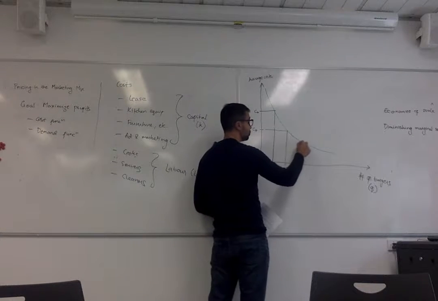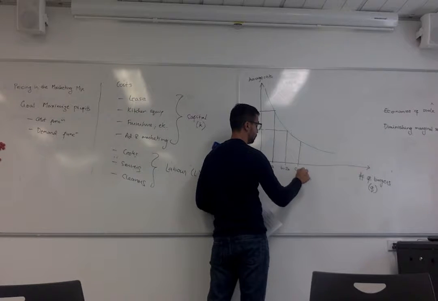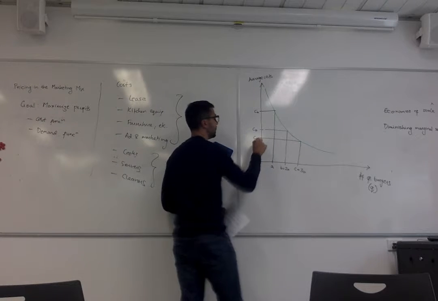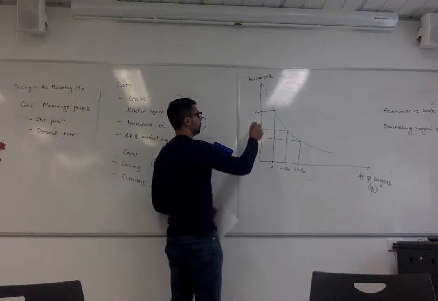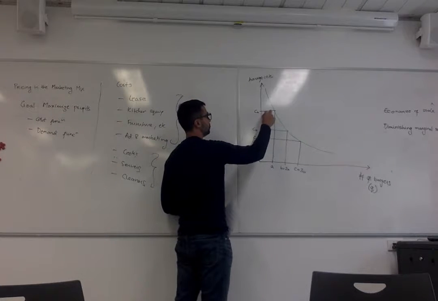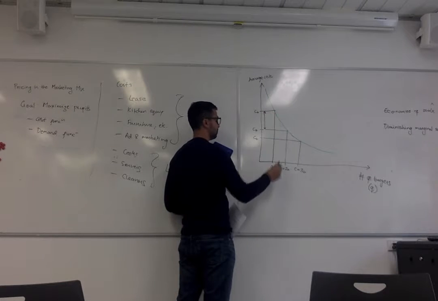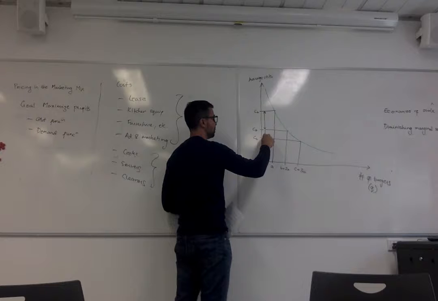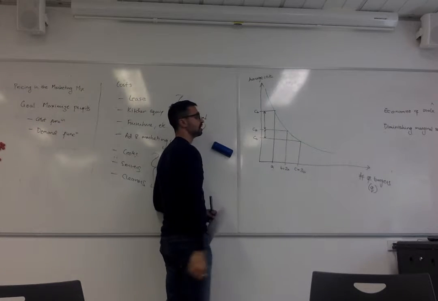Now, let's say that you triple your output, and the average cost that you're facing now can be given by C_C. Diminishing marginal returns refer to the fact that the difference between going from A to B in terms of average cost is much larger than the difference in going from B to C in average costs.